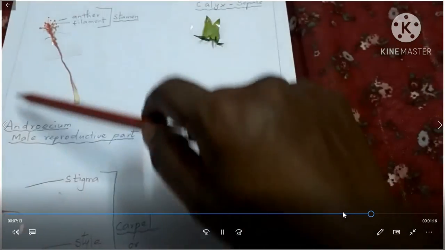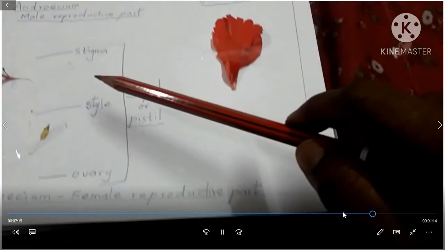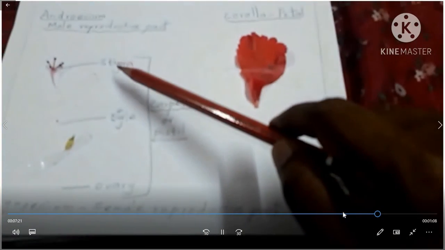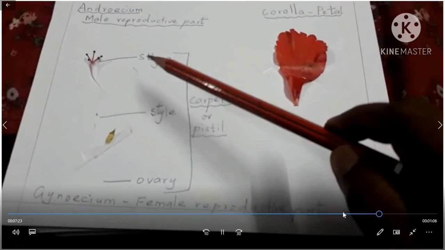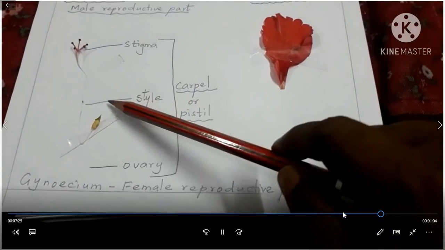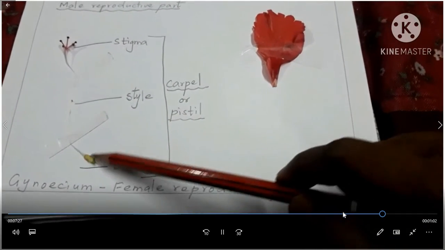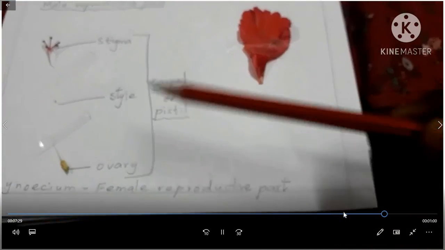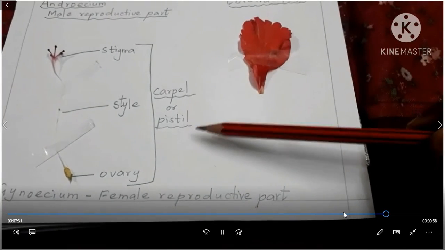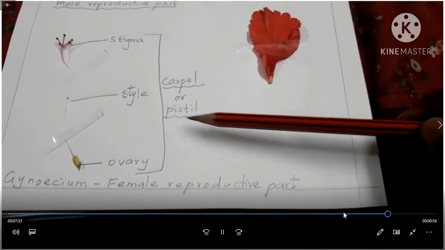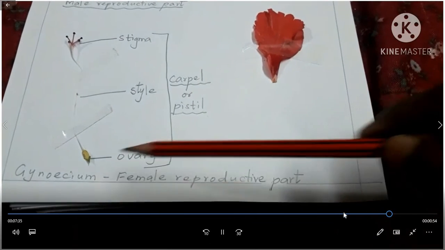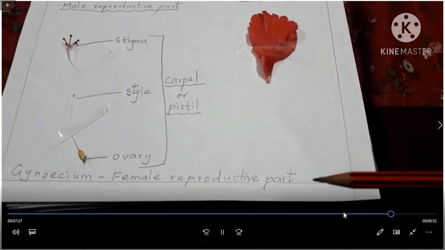So this is androecium. Next we will come to the female part where you will keep the stigma and label it as stigma, style and ovary. This is the ovary, and this whole thing is called the carpel or the pistil, and below that you will write gynoecium, female reproductive part.